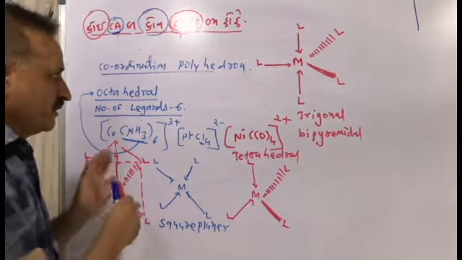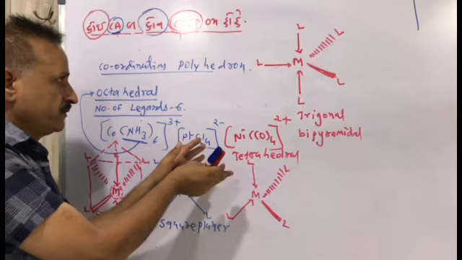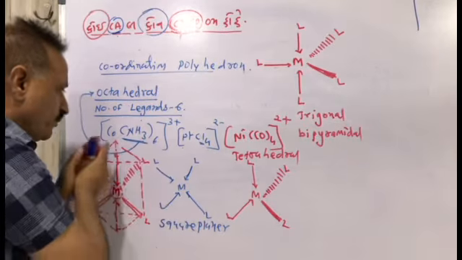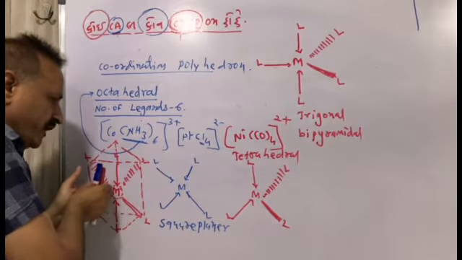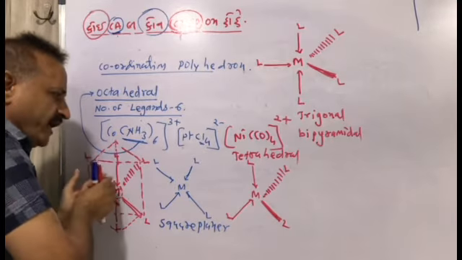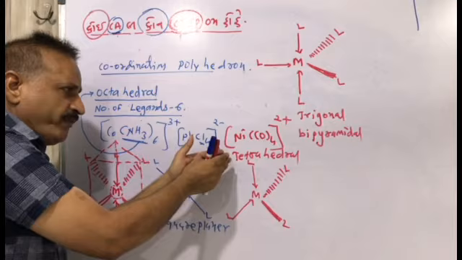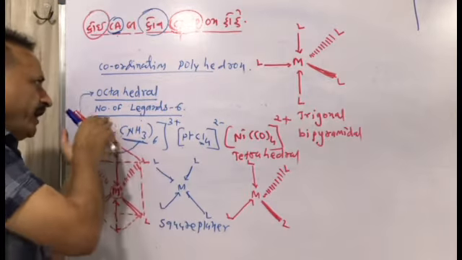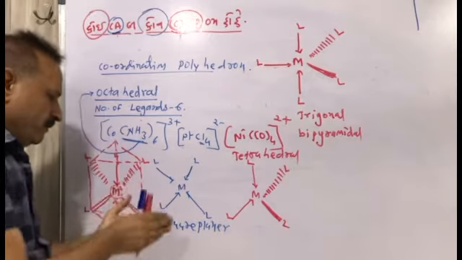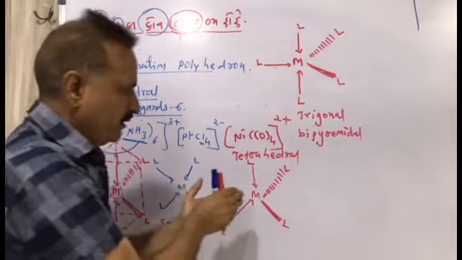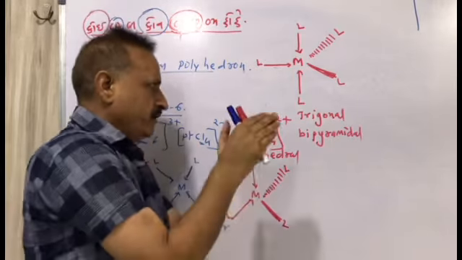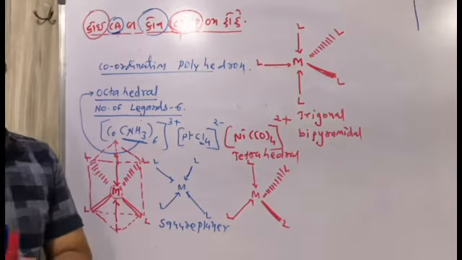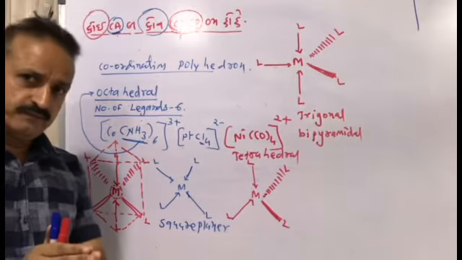So there are different geometrical shapes and it is a polyhedron, meaning the number of ligands attached to the central atom will decide the type of geometrical shape: octahedral, square planar, tetrahedral, trigonal bipyramidal and trigonal square planar.